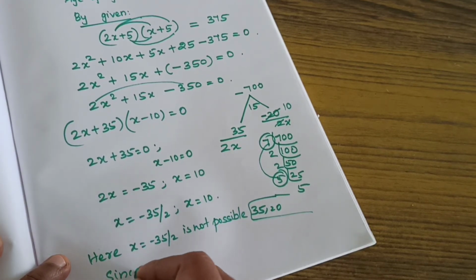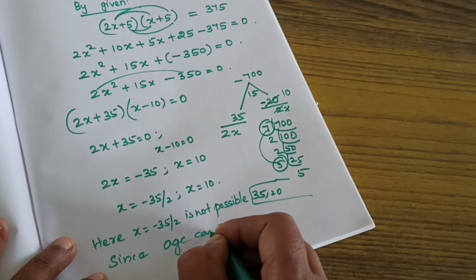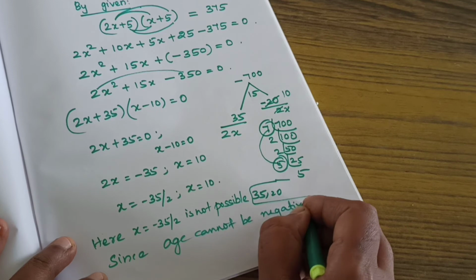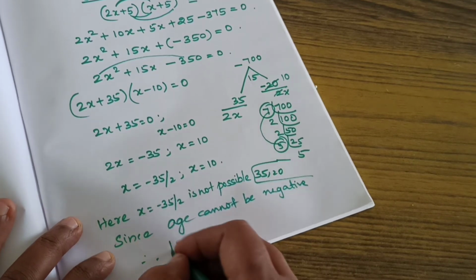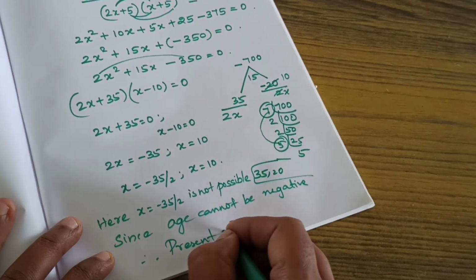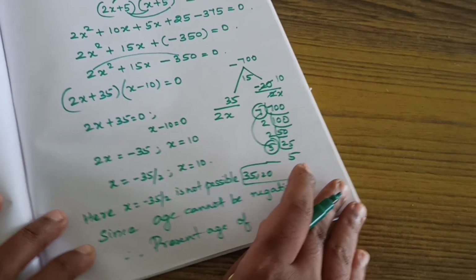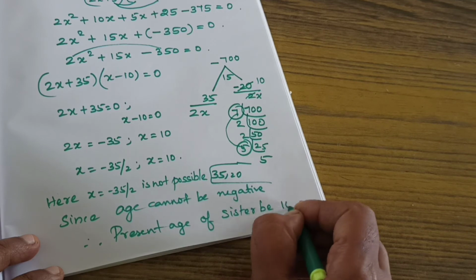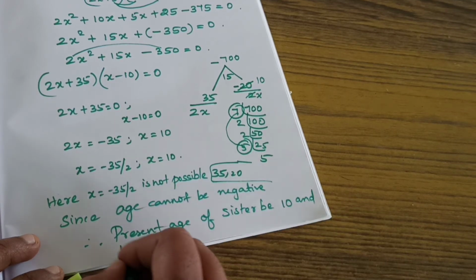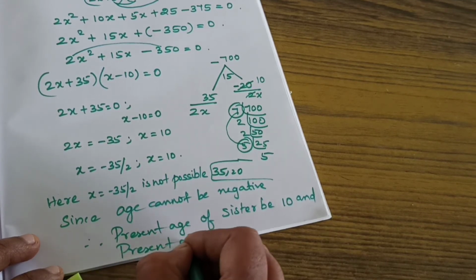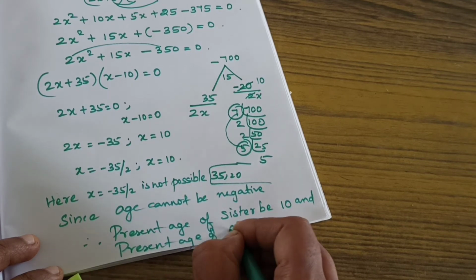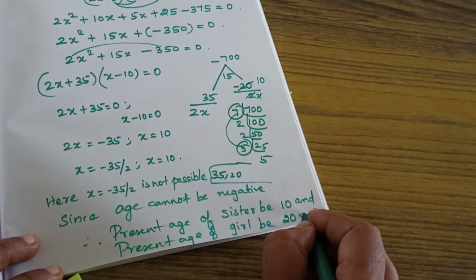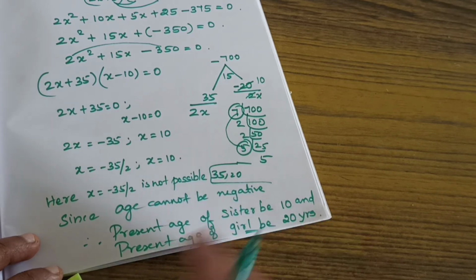Since age cannot be negative, therefore the present age of sister B is 10, and the present age of girl B, girl is twice, no? 20 years. That's all.